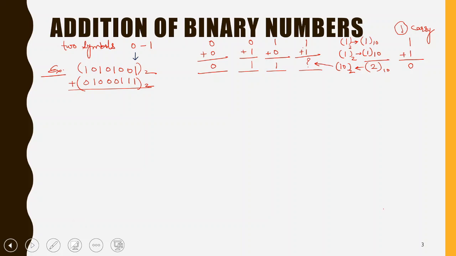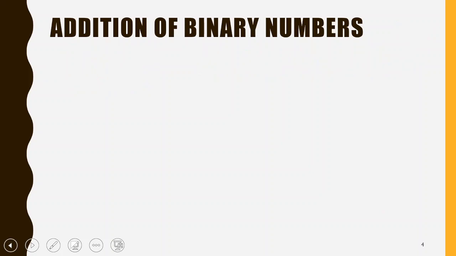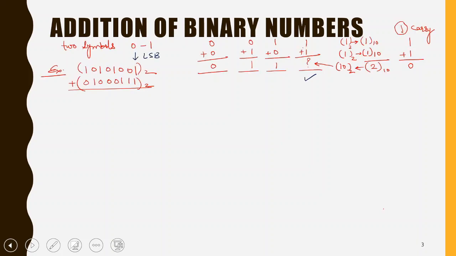We will start from here. Always start from the LSB. One is added to one. The rule that will be used is this. So 1 plus 1 will give 0 as a result and 1 as a carry.